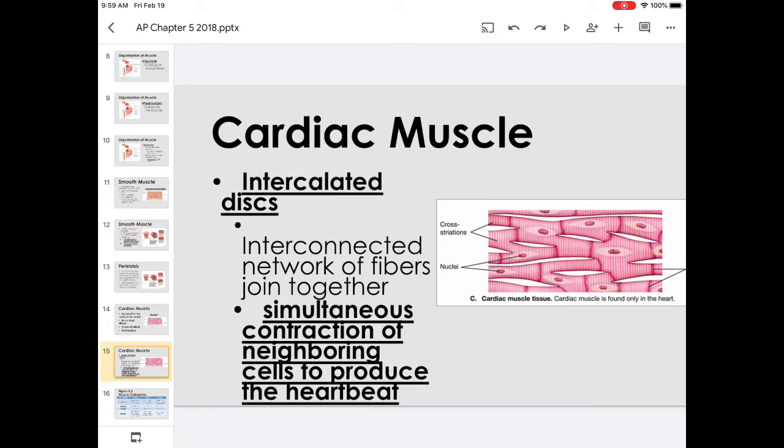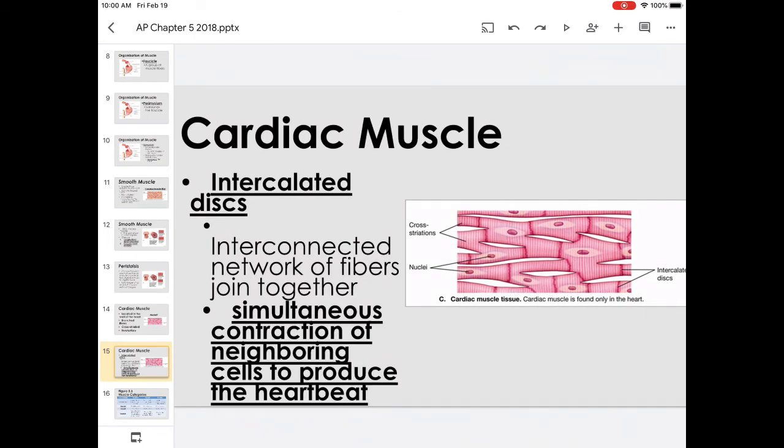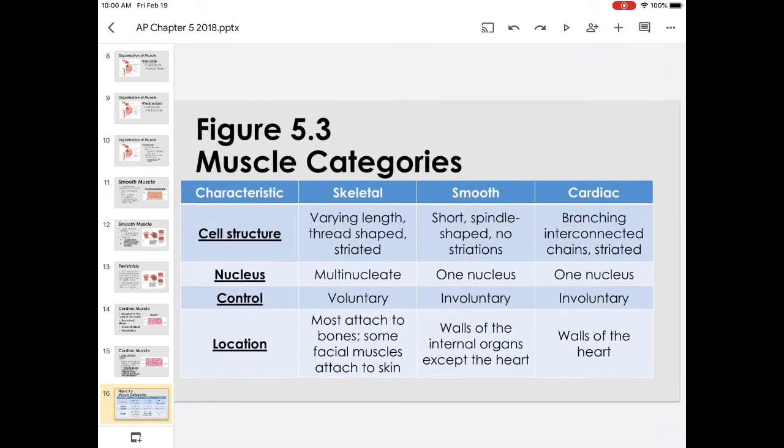Because of these intercalated discs that occur throughout your cardiac muscle, you can have a contraction happening in your heart cell or your heart muscle itself that causes all of the other muscles around it to also contract, and therefore you're having a heartbeat simultaneously. They're all beating together. And this just allows for unison or unity of your heartbeat, so that the whole muscle is beating at once and not parts of it.